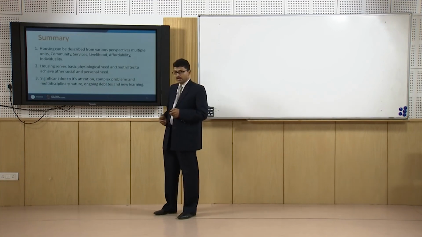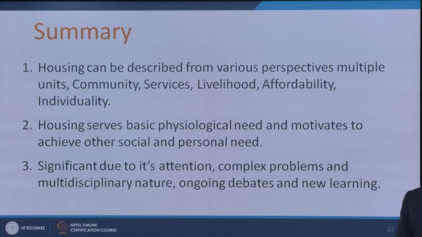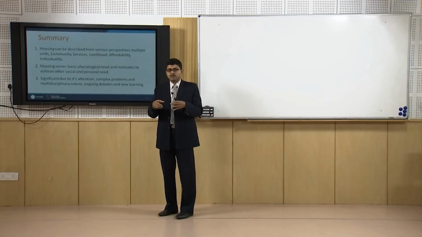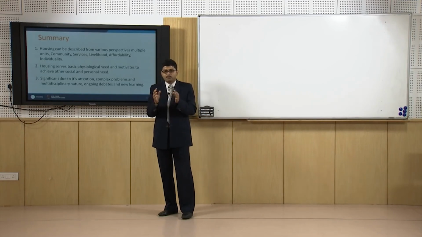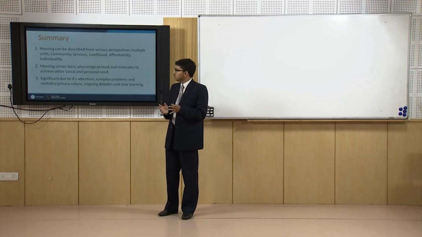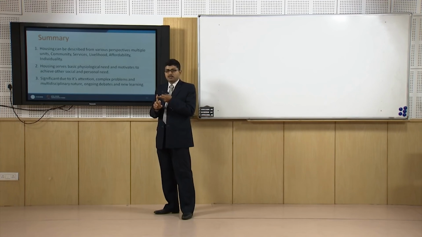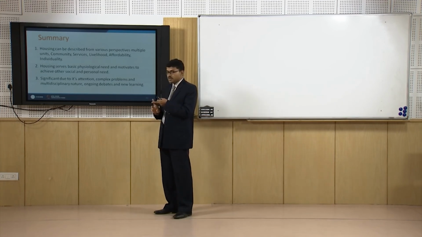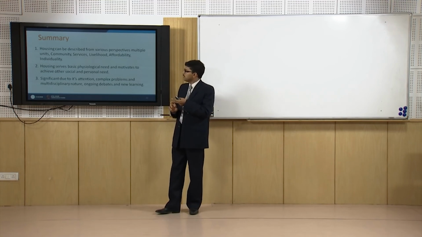So, let us summarize the basic introduction of the session. We said that housing can be described from various dimensions. A simple definition like multiple units is not sufficient for us. We identified that it is multiple units, community, basic services, livelihood, affordability and individuality.